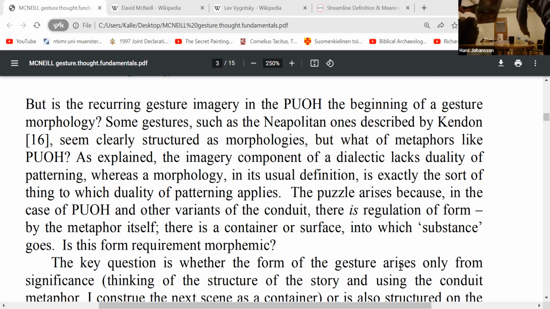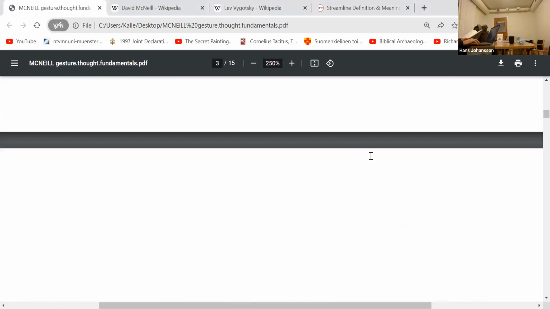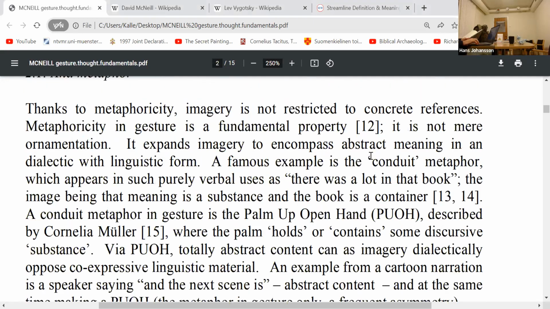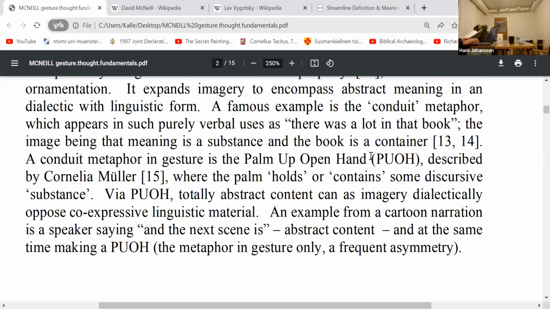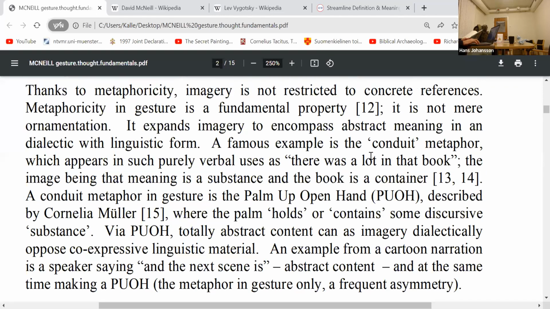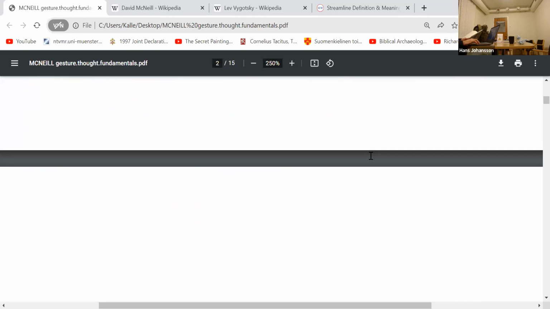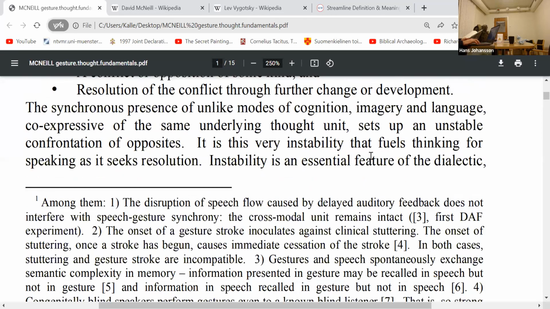There you go. I liked, let me see, go to the first page. Yeah, no, this was the first page. Let's go to the first page.